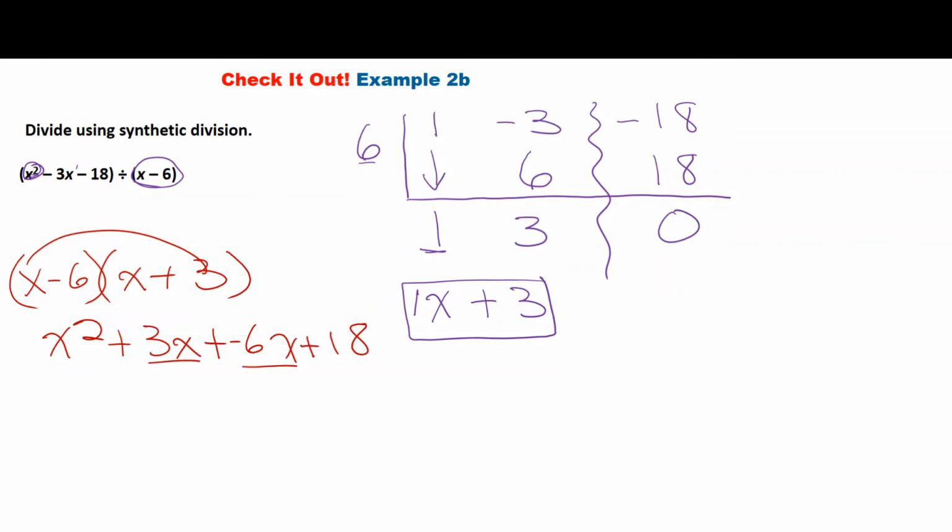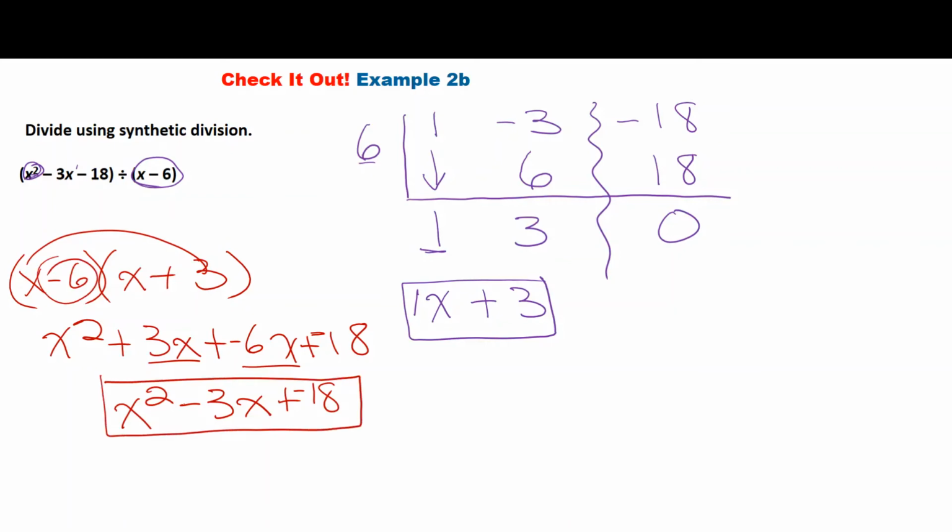And let's get our like terms together. So we end up with x squared minus 3x, plus, whoops, that should be a negative 18 right there, negative 18 because of this negative 6. And so we know that we did our multiplication correctly and our division correctly, so it works out.